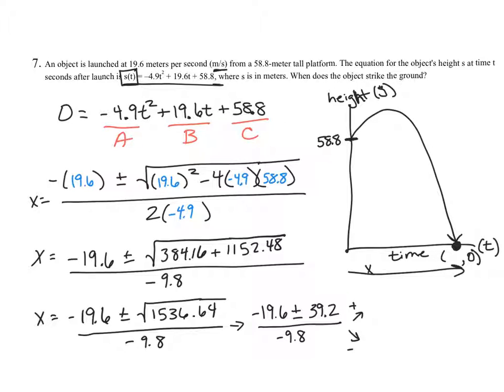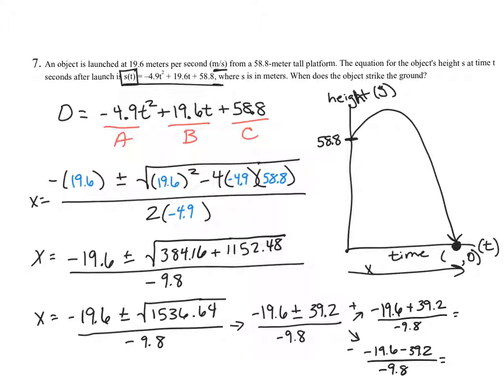So we have negative 19.6 plus 39.2 all over negative 9.8, and negative 19.6 minus 39.2 all over negative 9.8.